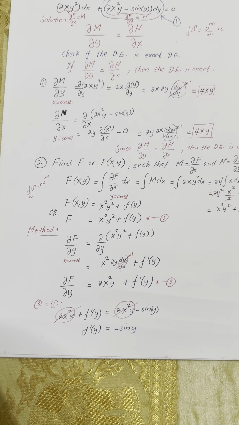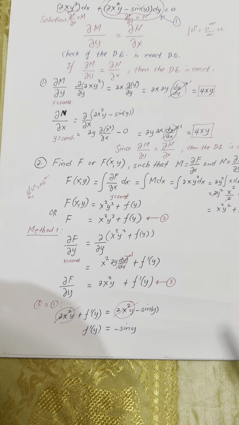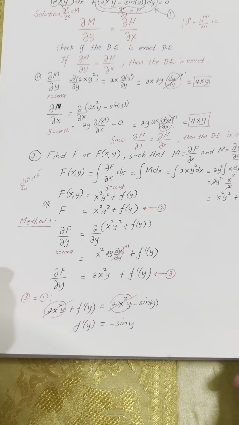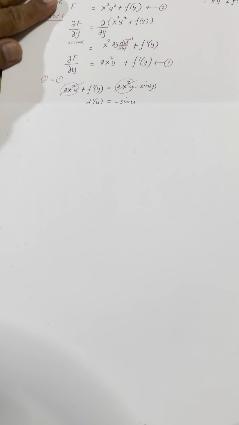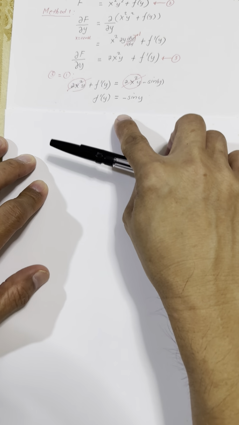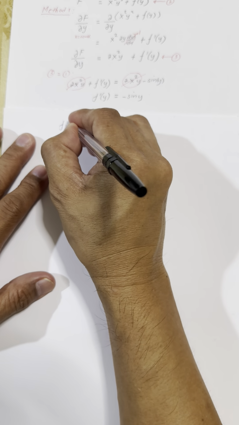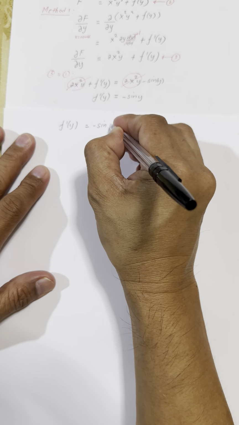So next we have to integrate both sides. I'll make use of another paper. From our last equation, I'll just rewrite this: f prime of y is equal to minus sine y.